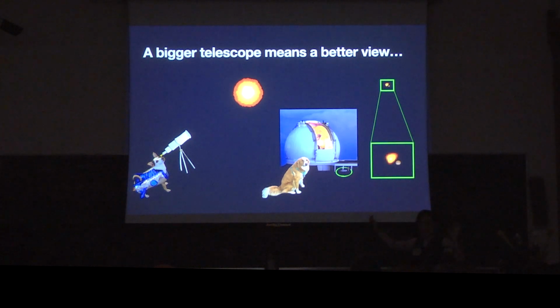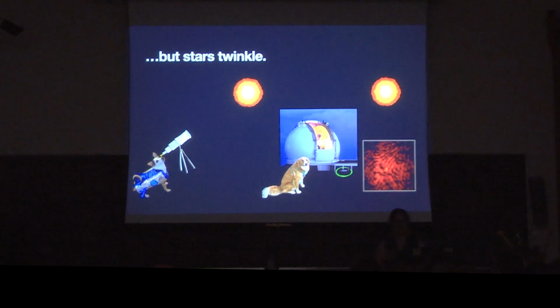So this is great, we've solved the problem, but there's a new one, which is that stars twinkle. So twinkle, twinkle, little star, twinkling stars, they're pretty because they're twinkling. Astronomers hate the fact that stars twinkle. And the reason for that is because twinkling is actually Earth's atmosphere blurring the light from your star.